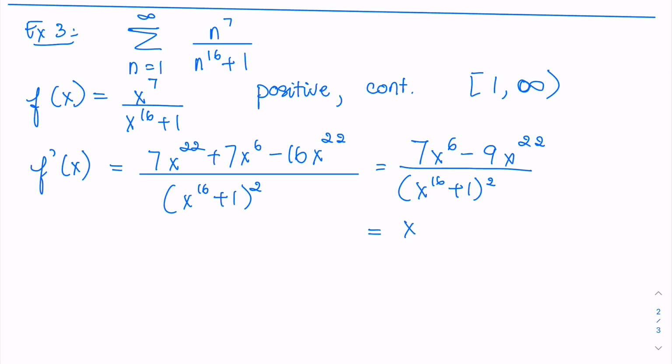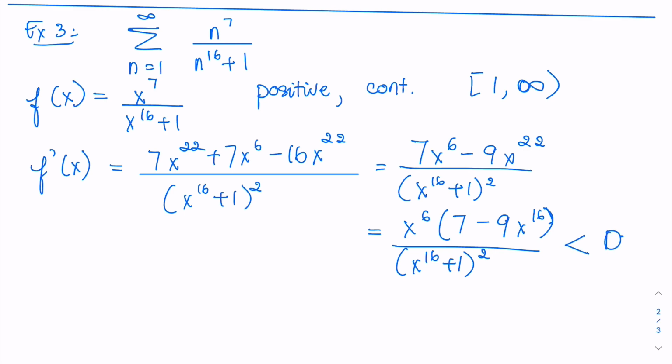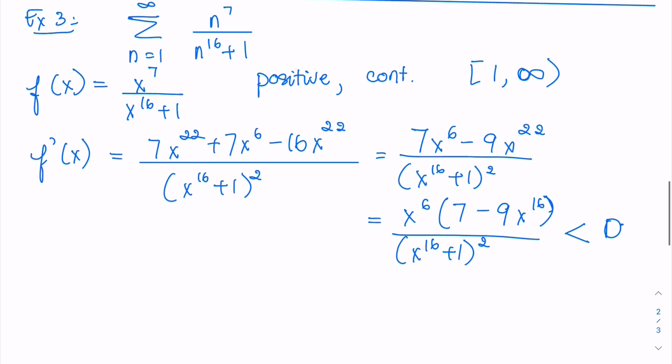Let's factor out x to the 6th power. I ended up with x to the 6 times 7 minus 9x to the 16, over x to the 16 plus 1 squared. You can see right here that the function is negative on the interval from 1 to infinity.